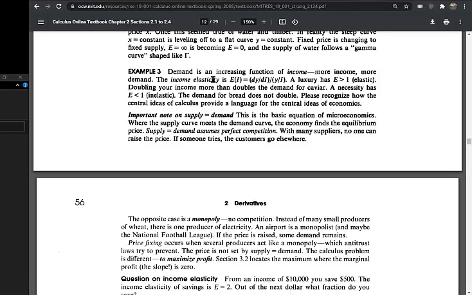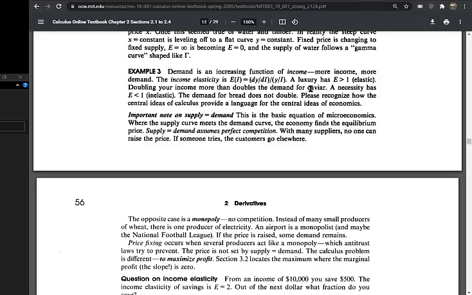So you can have different goods that have different elasticity. A luxury good is going to have elasticity greater than 1, where doubling your income more than doubles the demand for caviar. Right? If you make $1 million, then there's a certain point where caviar becomes something that's easy to buy, and you have more than enough.